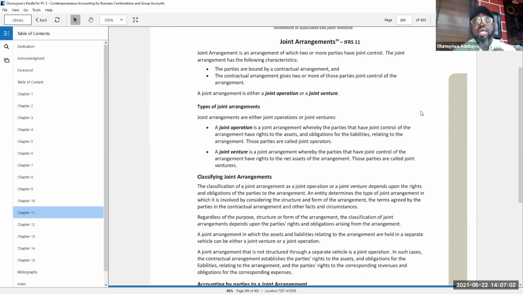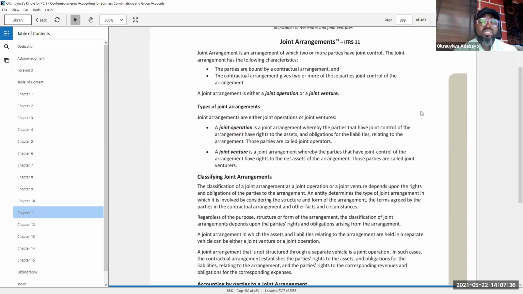And in simple terms, it is known as joint operation, for the jointly controlled operations, and joint venture for those considered jointly controlled entities. What is the thin line between the two? The most critical consideration in separating the two, having understood that they both represent joint arrangements, is the issue of shell.